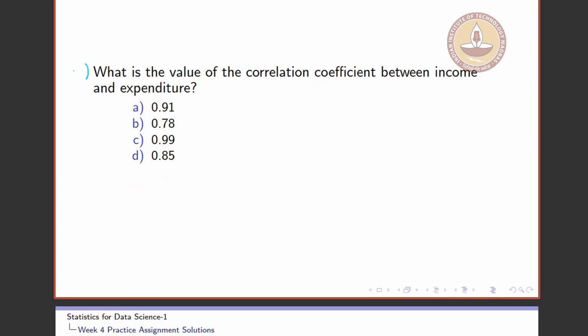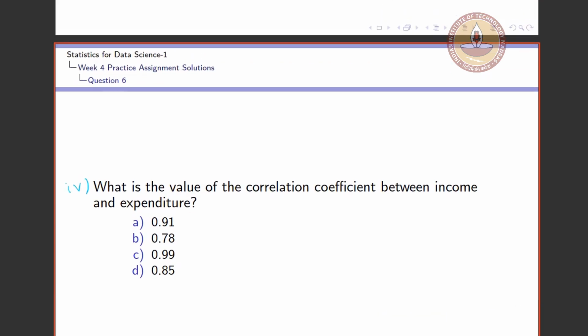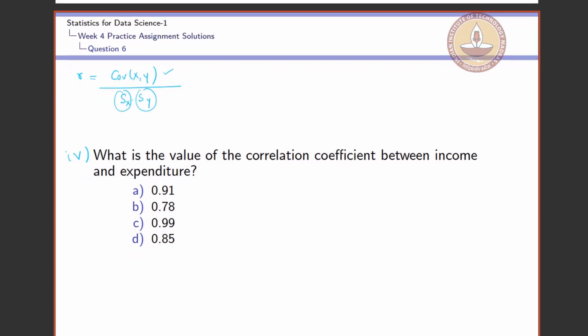Now the fourth part is, what is the value of the correlation coefficient between income and expenditure? The formula for the correlation coefficient r is as before. We have already calculated our covariance of xy and S of x, so we need to calculate S of y.